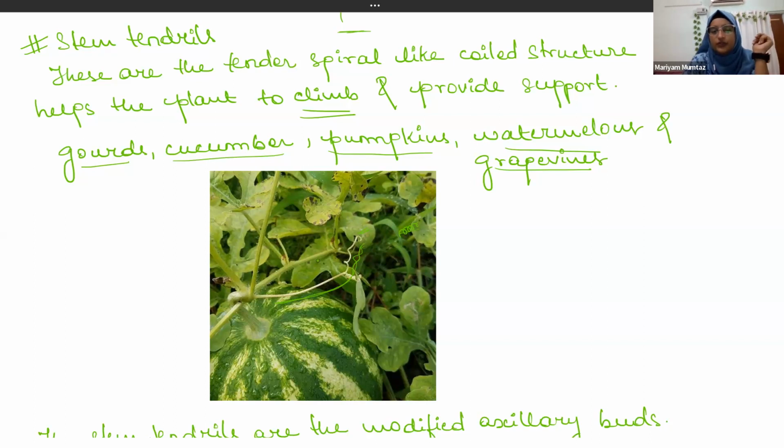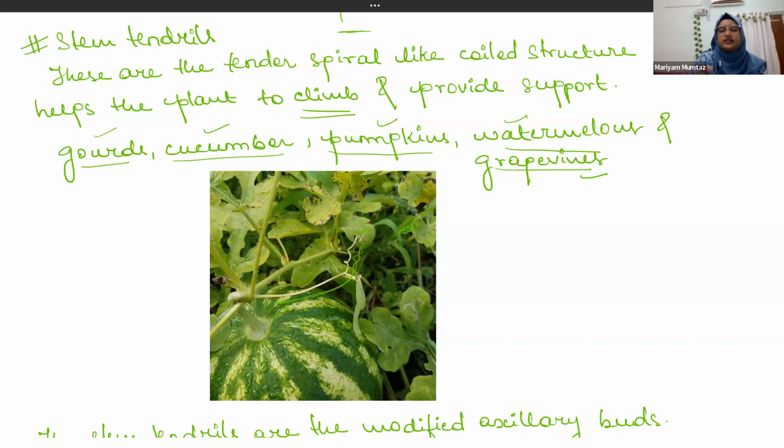So here, tendrils are the modification of the stem. And they are there to perform the function of helping the plant to climb and to get support. They are present in plants like gourds, cucumber, pumpkins, watermelon, and grape vines. Clear? These are the examples that you must remember. Tendrils are clear to you?